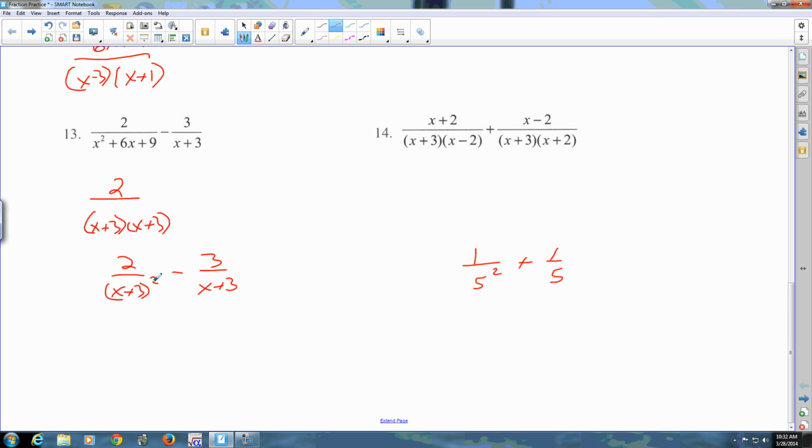X plus 3 squared is your LCD. So this one doesn't need anything, but this one needs an x plus 3. I'm partial to moving that up so you don't lose it. So it's 2 minus 3x minus 9. 2 minus 9, so minus 3x minus 7 over your LCD, which was x plus 3 squared.